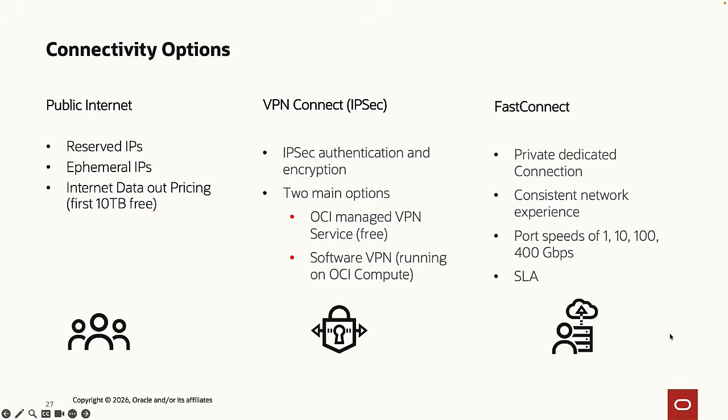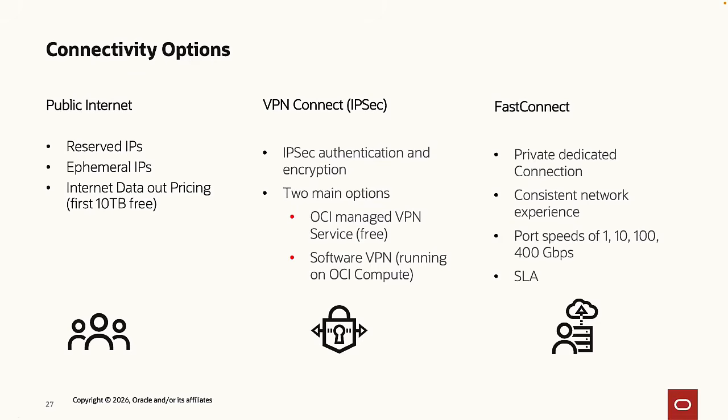And then lastly, we have FastConnect, which is our high-speed, low-latency connection that allows you to access public and private Oracle Cloud services from your local infrastructure. The connection is enabled via dedicated lines, so it's going to bypass the public internet to really help reduce that network unpredictability and congestion, giving you a consistent network experience, kind of like your own HOV lane.